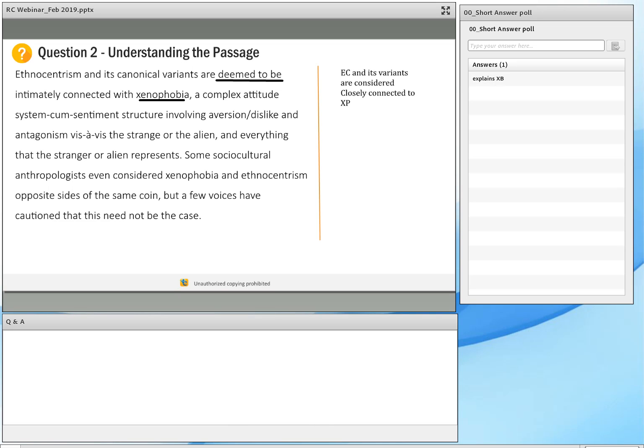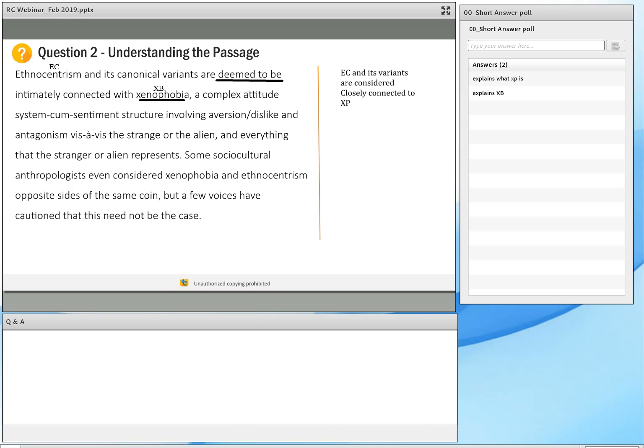Vis-a-vis means towards the strange or the alien. Again, really dense language, but essentially this thing is explaining what XB is. Let me put in the short forms over here. We're going to call this XB. So this explains what XB is, and this is what we call EC.